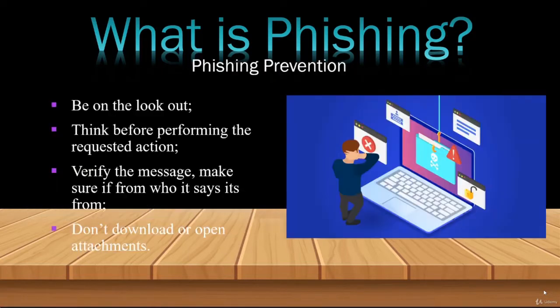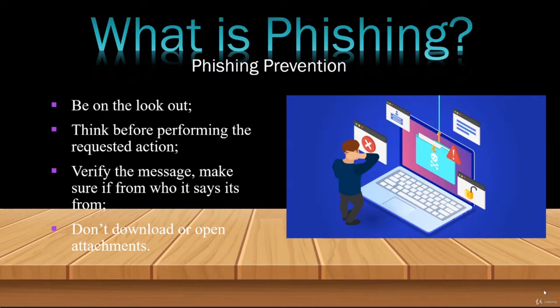So now that we have an idea about what phishing is, let's look at preventative measures. Phishing can be prevented by looking extra carefully at an email that looks suspicious, especially if it strangely is asking for personal information. Never open or download attachments.